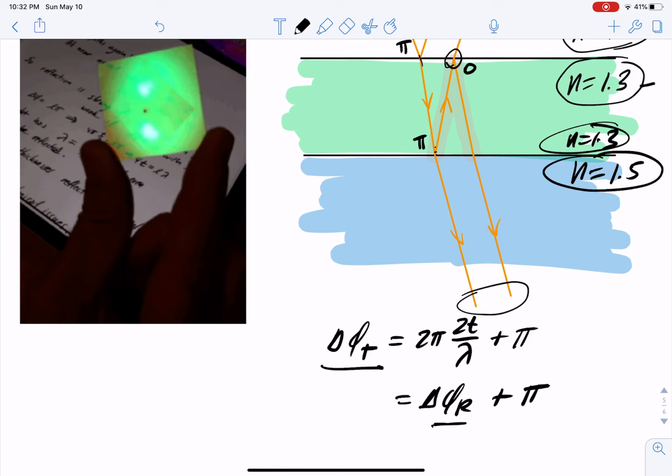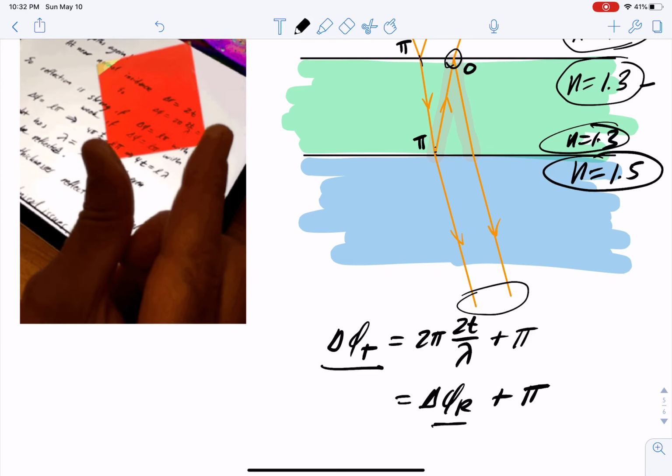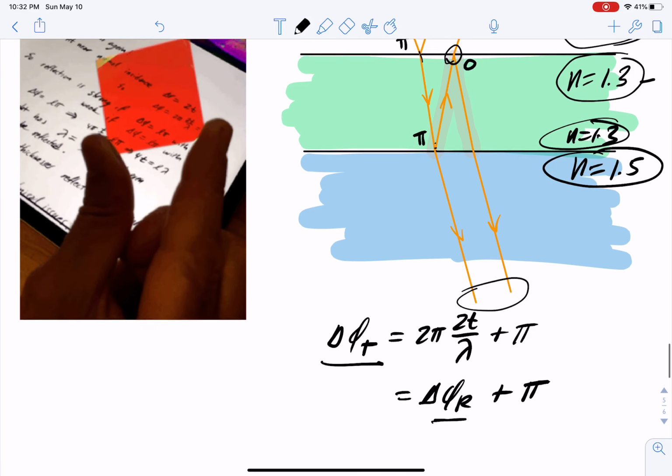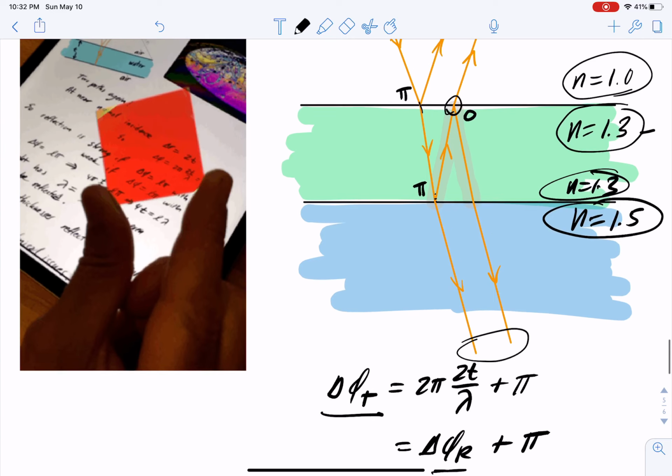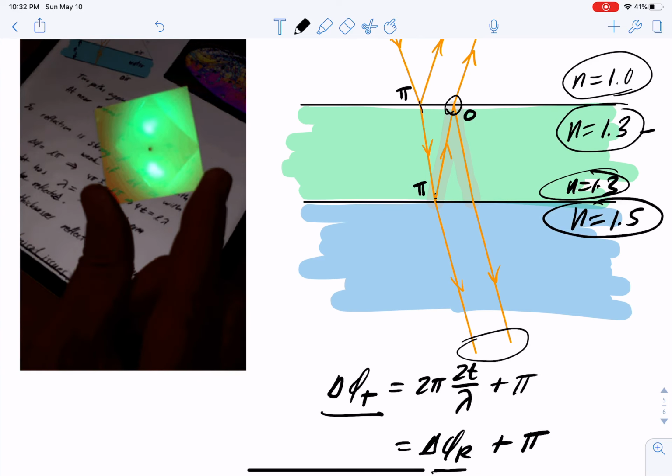So it's a minimum for red and a maximum for green in reflection, and just the opposite for the transmission from below. So these thin films are actually kind of nice. They're sort of like, they sort light. It either reflects it or transmits it, and it does that by sorting it by color in essence. It reflects some and transmits the others.